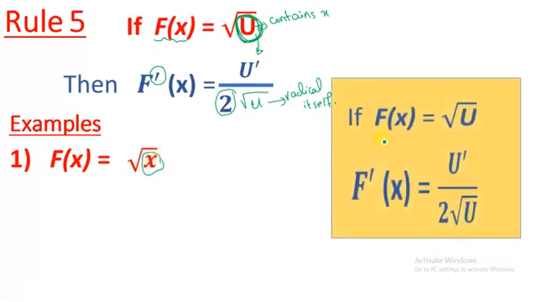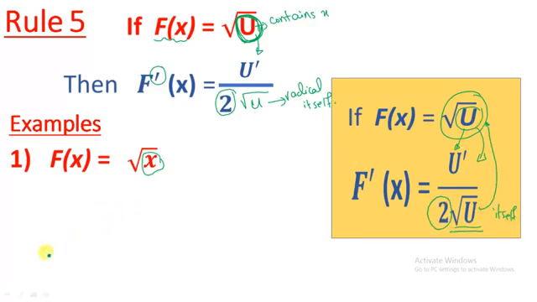So we will remember that if I have a function f of x equals radical u, then its derivative will be the derivative under the radical, u prime, over 2 multiplied by the radical itself.